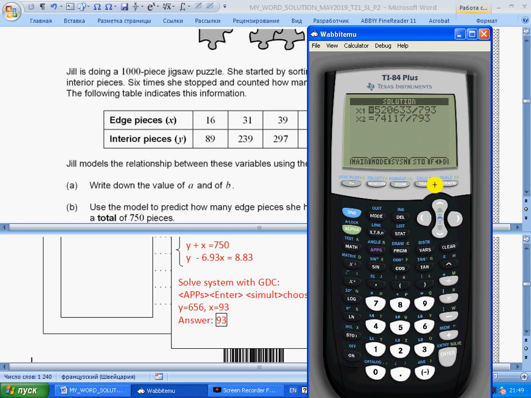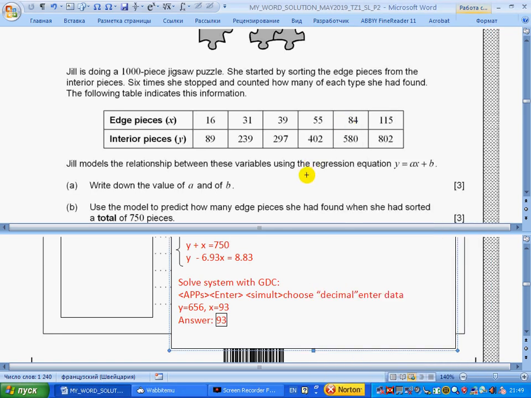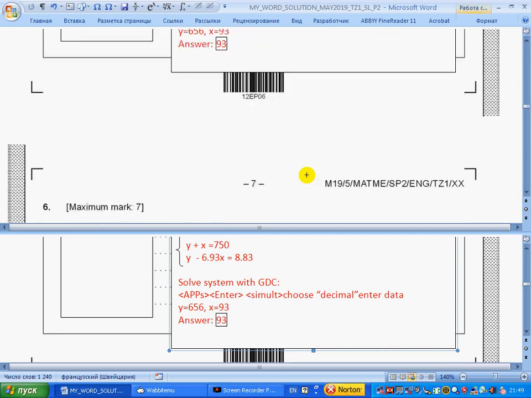So y equals 656 and x equals 93, so 93 is our answer. Finish this equation and finish this question.